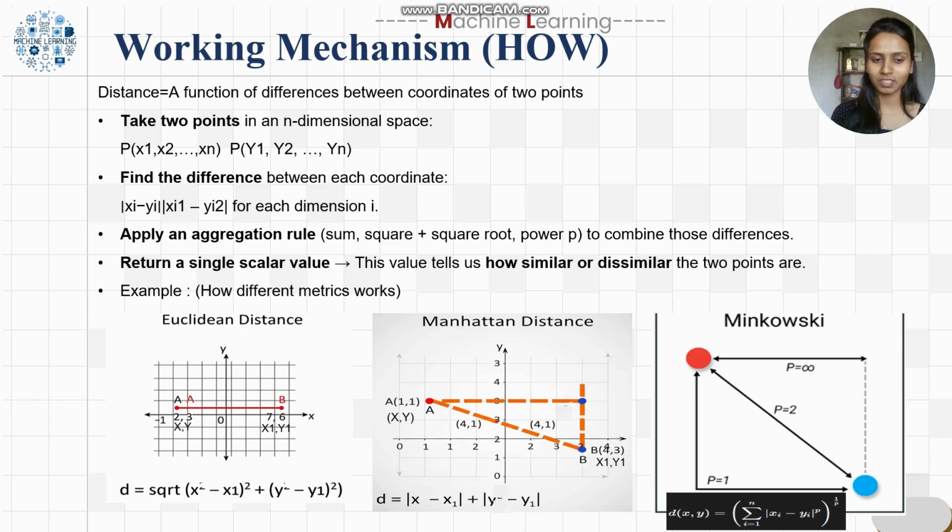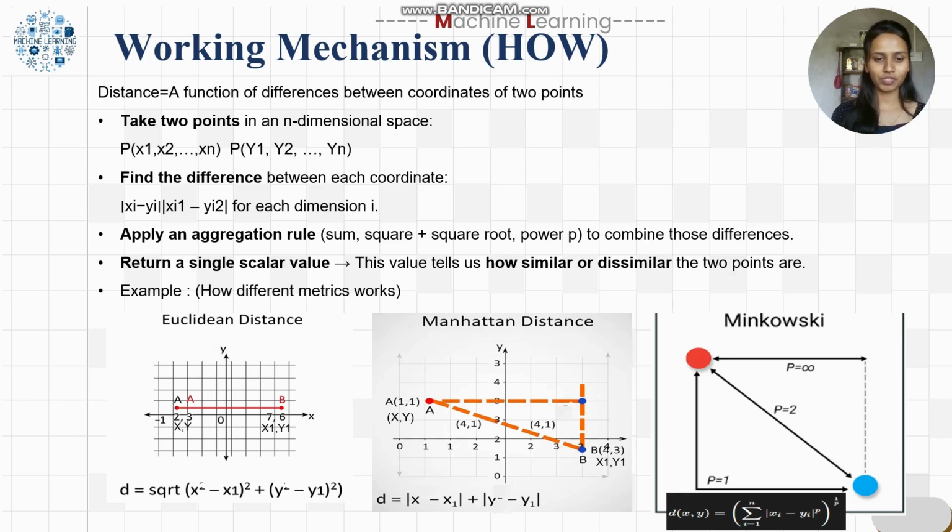As we have discussed, we measure distance directly through a straight line. It is based on the Pythagoras theorem. The formula is square root of (x minus x1) squared plus (y minus y1) squared.